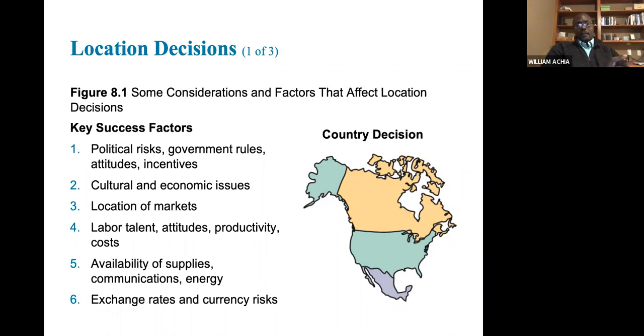If we believe that there's a lot of fluctuation in the exchange rates, it might make sense to move operations to a country where we have a market. So we kind of skip over the exchange rate risks that are inherent in most global trade transactions.